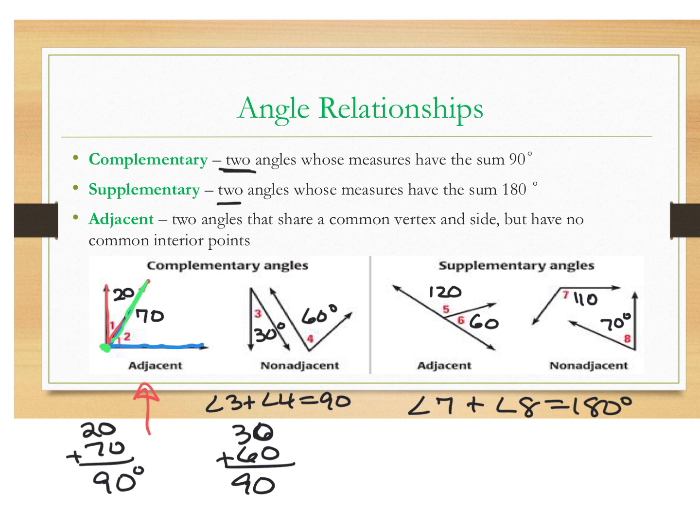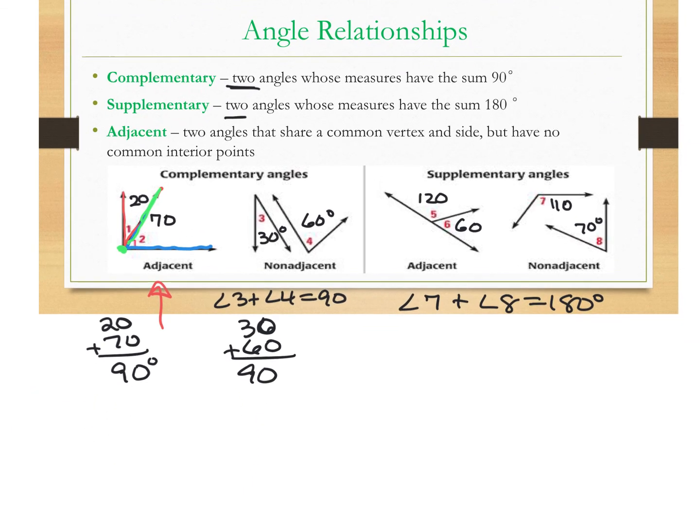Now, one little trick, if you're struggling with keeping track of which one adds to 90 and which one adds to 180, I sometimes try to come up with little tricks to help you remember.